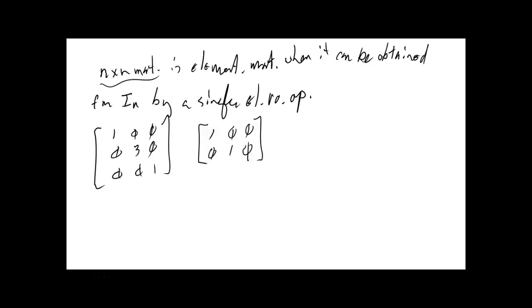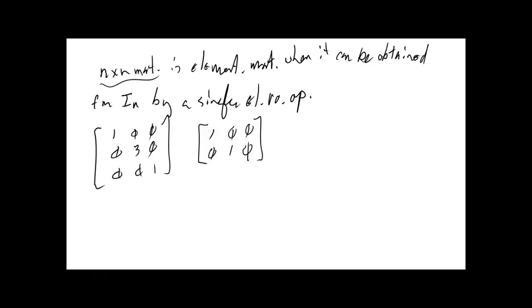You just gave me the 3 elementary row operations. Which one of those did you do on the identity matrix to produce this matrix? Yes, you multiply the second row by the non-zero constant 3. Exactly. You can only do one.